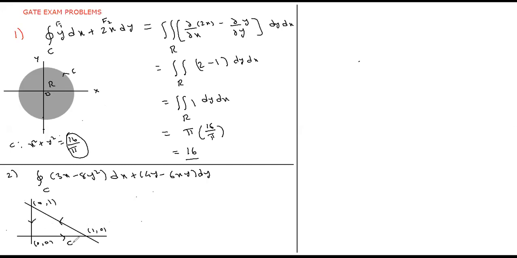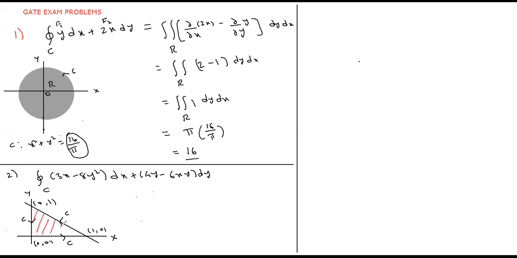So your C is a triangle. Because it is a simple closed curve in the xy plane, now I can apply Green's theorem. Is it okay? Now, what does Green's theorem say?